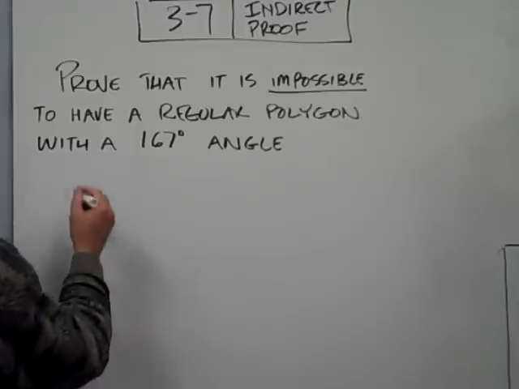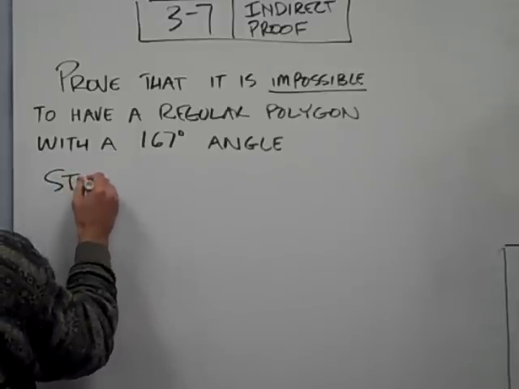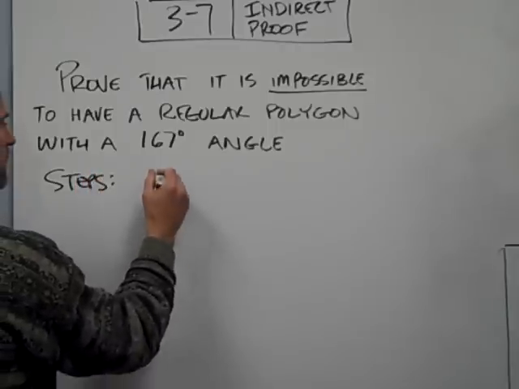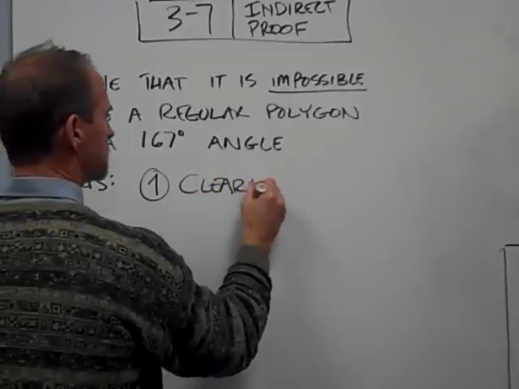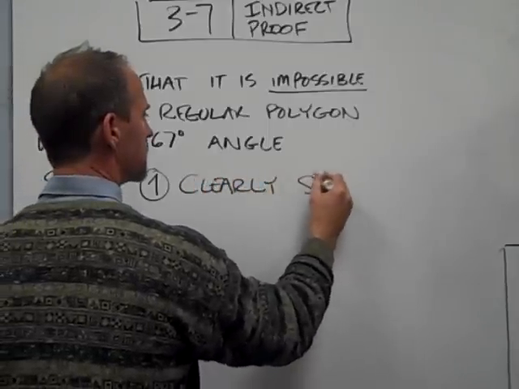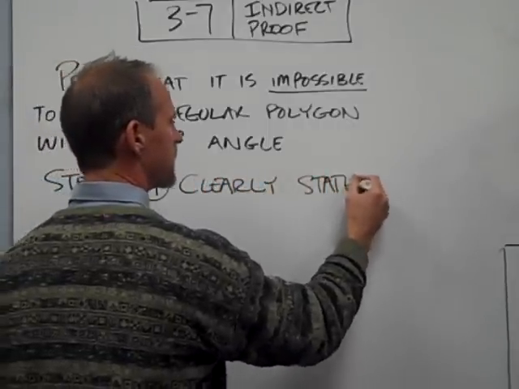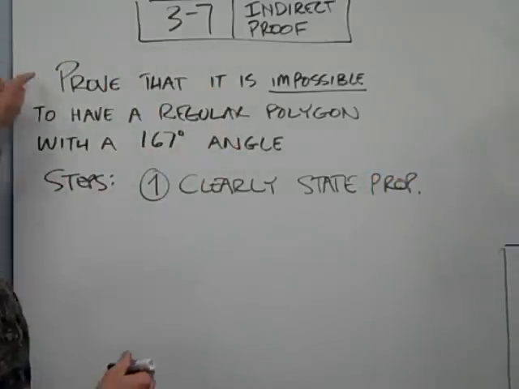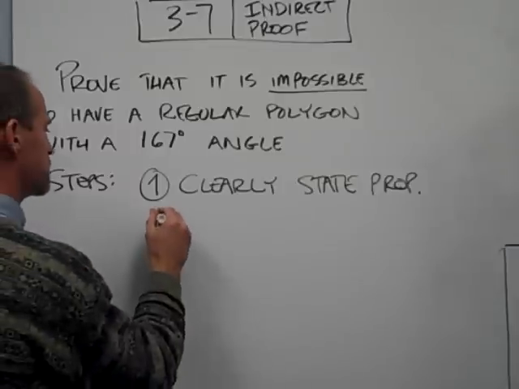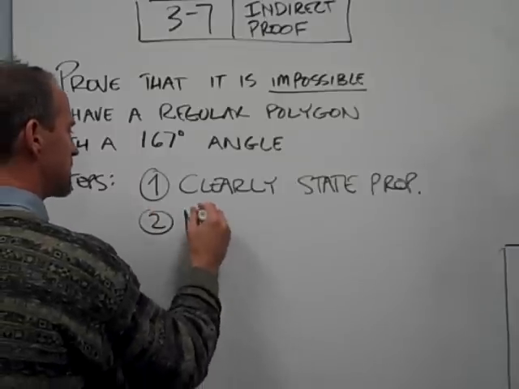All right, so the steps for doing this are: 1, clearly state what you're trying to define or prove. Clearly state that proposition. I've done that. This is step 1. Step 2, then, we are going to negate.